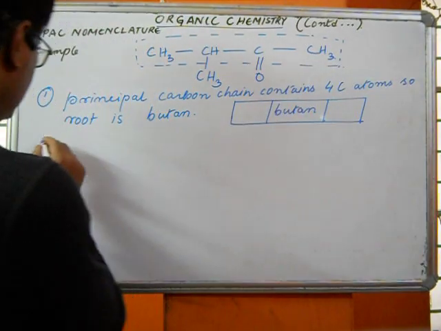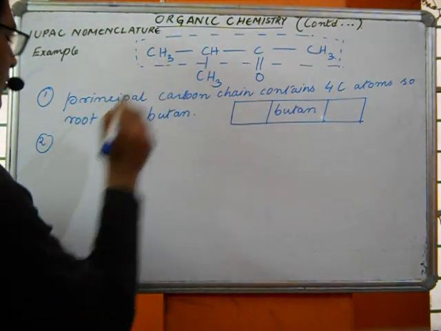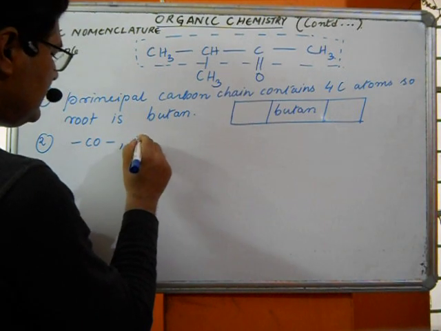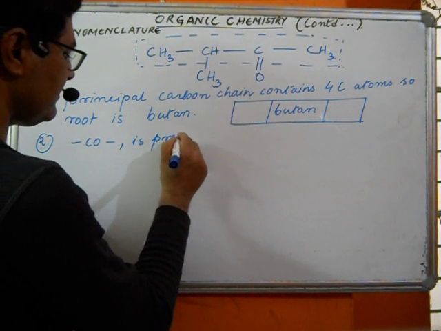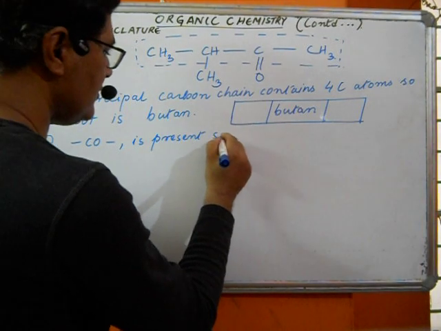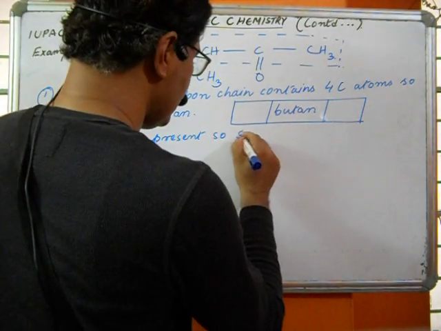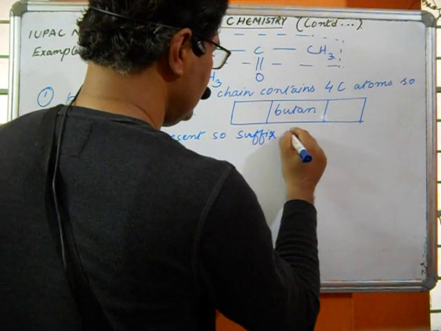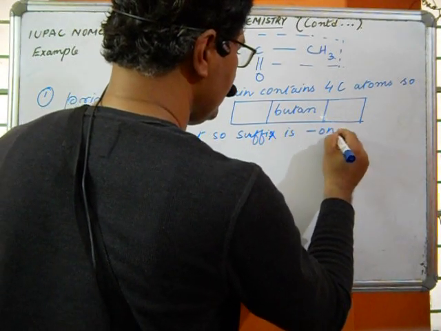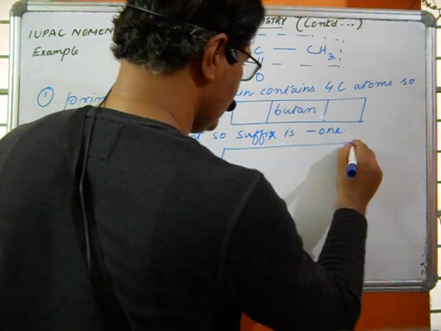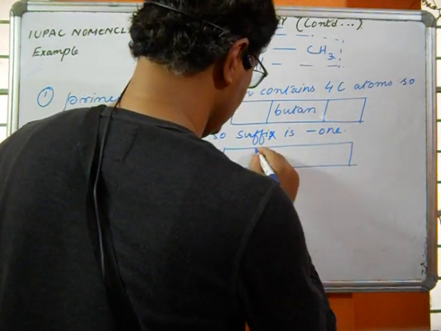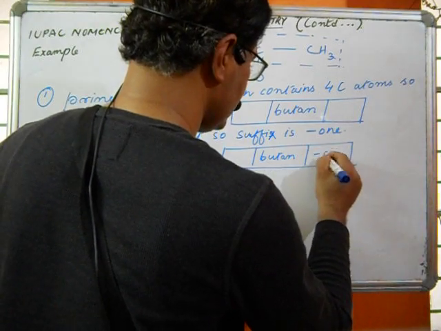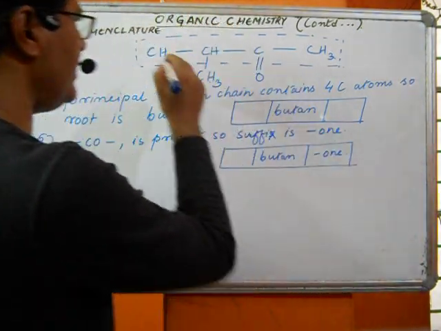Now what is the functional group? Functional group is dash CO, it is present. So suffix is dash ONE. So I got B-U-T-A-N dash ONE. Now we will number it.